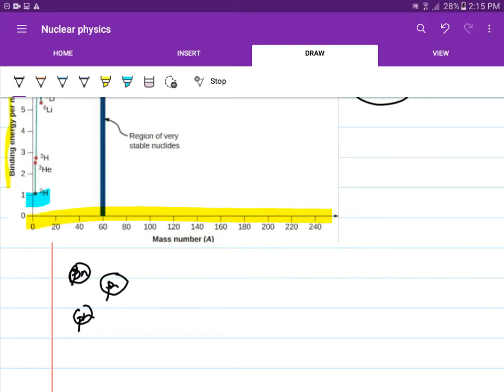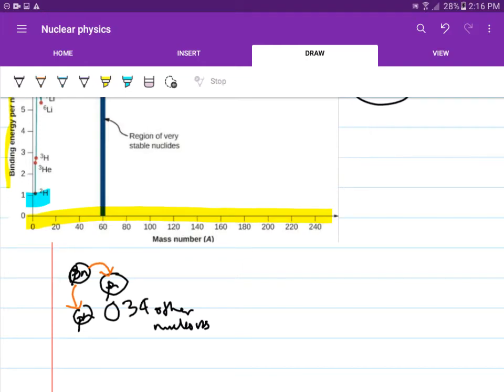So it has a higher binding energy per nucleon because this particular nucleon is bound to this nucleon, and the 34 other nucleons.